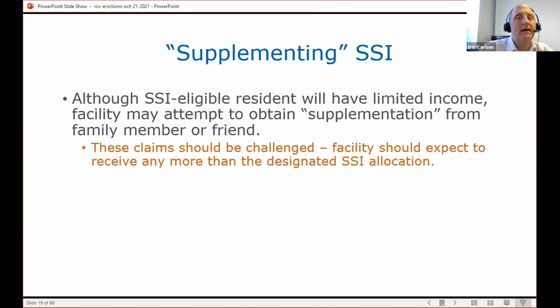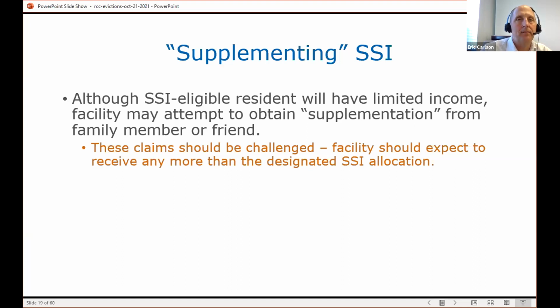The facility may attempt to get a so-called supplemental payment from a resident's family member or friend, but those may well be inappropriate depending upon state law. So look askance at any efforts by the facility to get payment that supposedly supplements SSI.